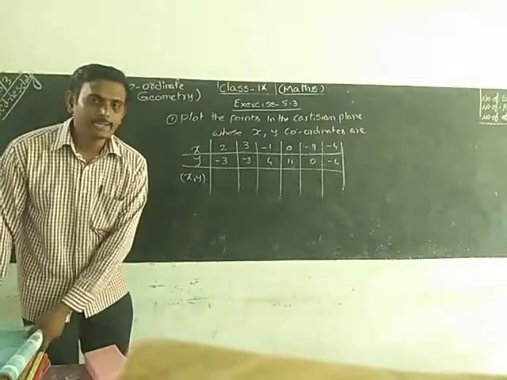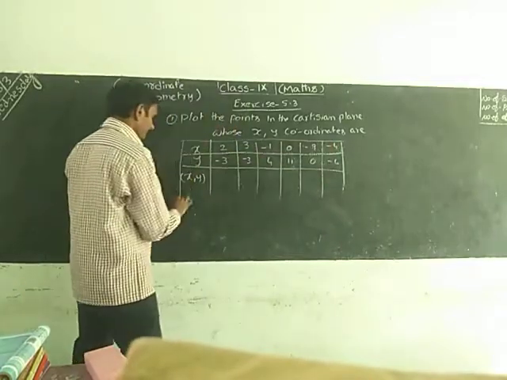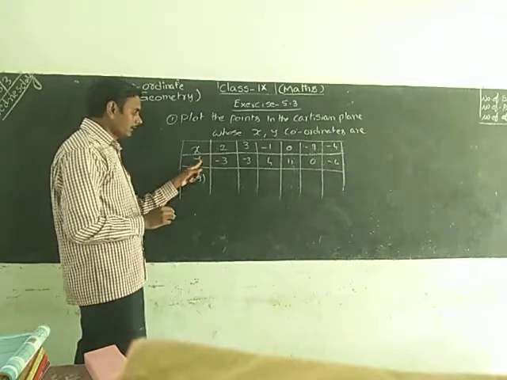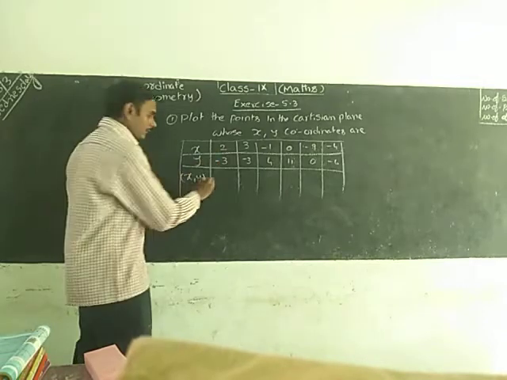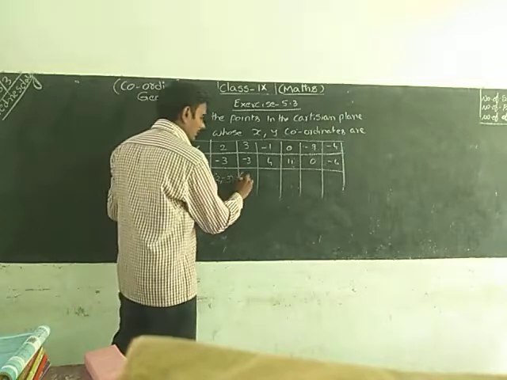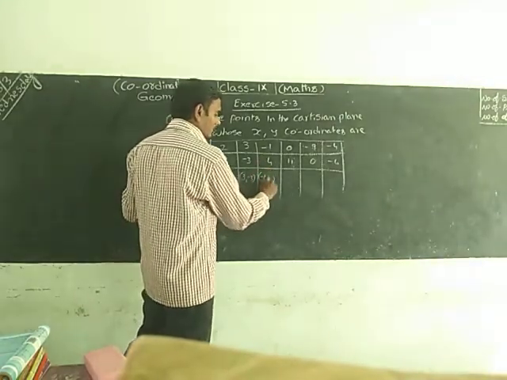Now we have to write the x value and y value. First we write the x value, then the y value. What is the x value here? 2. The y value is minus 3. X value first, y value later. Minus 2 comma minus 3. 3 comma minus 3. Next, minus 1 comma 4.